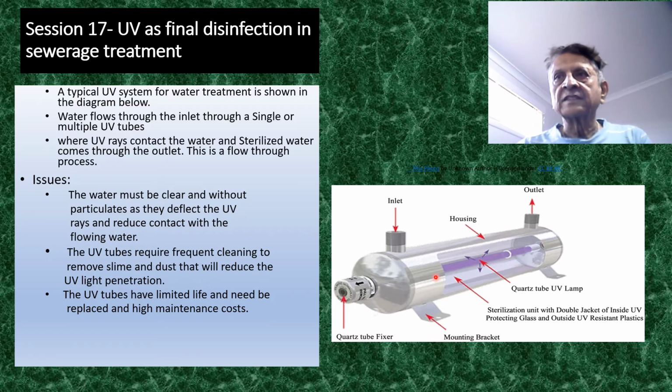One of the important things using this method is that the water must be absolutely clear so that nothing deflects the UV and allows bacteria to pass through. Therefore, in many cases, they have to shut down and clean the tubes very frequently of any slime, dust, etc. that will reduce the penetration of light.